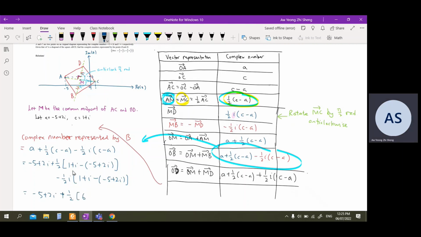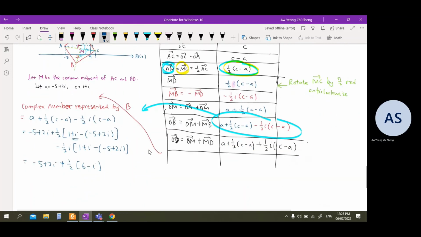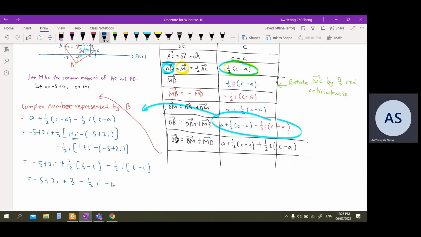Okay, I have 6 as the real term, and plus I and minus 2I, that would be a minus I. And minus half I, this should be the same, 6 minus I. Then expand again, it's a 3 here, minus half I. This is minus 3I and a plus half I squared.